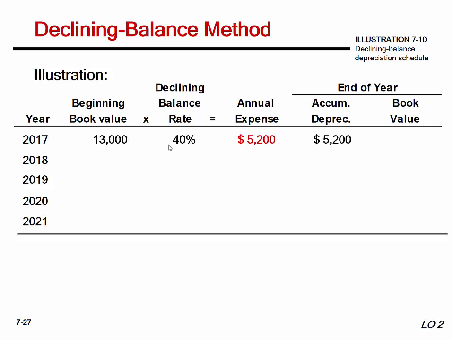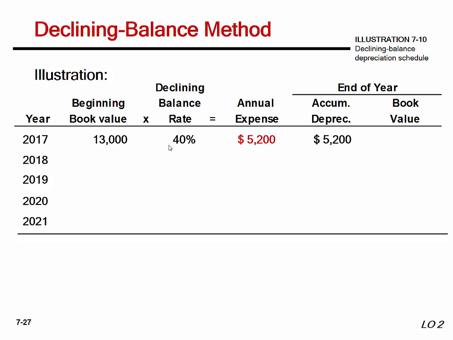Therefore, at the end of this first year, when we put together that balance sheet, we've got equipment, $13,000, and contra asset account, accumulated depreciation - equipment, sitting now at $5,200. So what would equipment, net or book value be here?